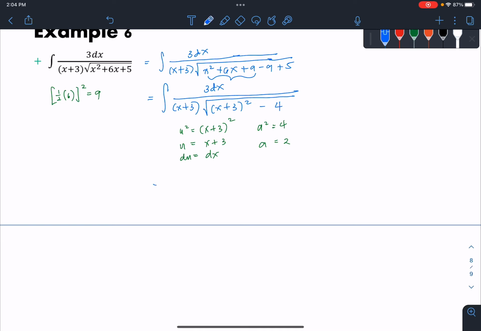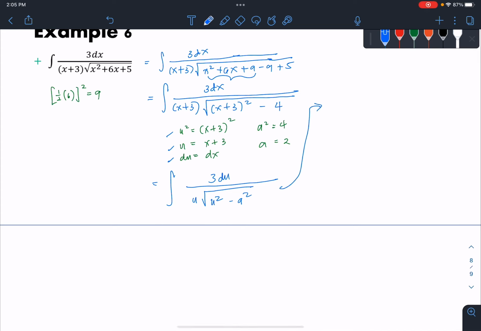So if we substitute that, we have 3 dx it's du, divided with x plus 3, it's u, and the square root of (x plus 3) squared, that is u squared, minus 4, so minus a squared.